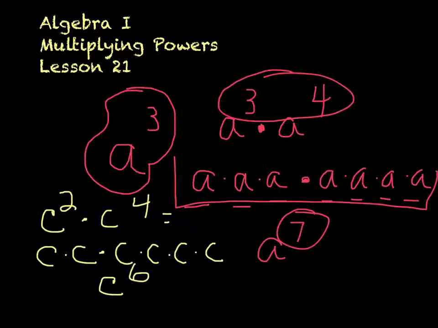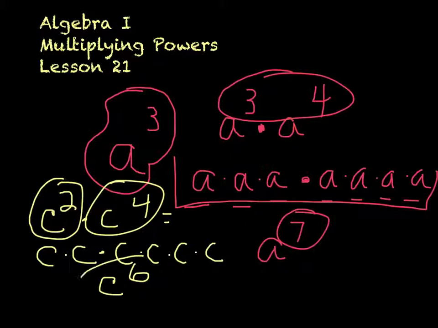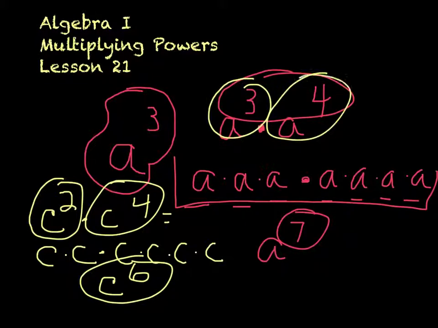I've done what we call simplifying this expression. So the rule for multiplying two powers is that you add the exponents. So 4 plus 2, I get c to the 6th. Up here, when I multiply two powers, to simplify this, I add the exponents, and that would be a to the 7th.